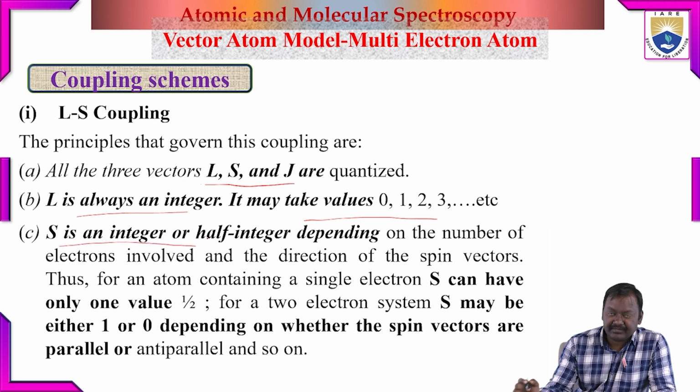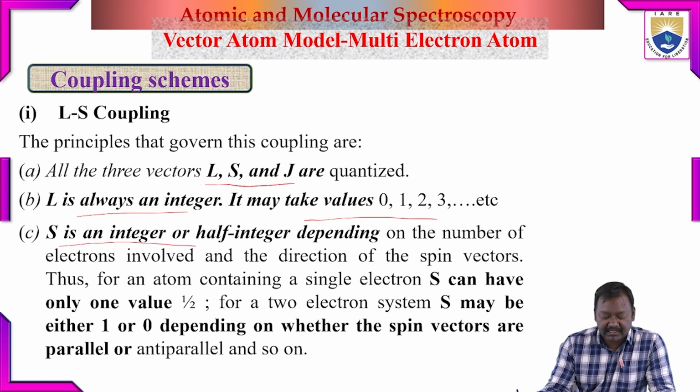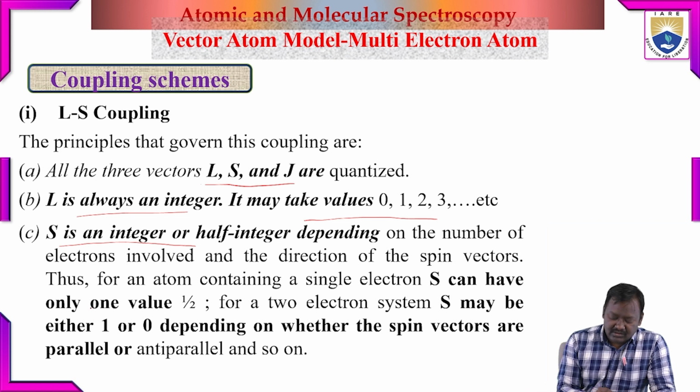The spin quantum number S is an integer or half integer, depending on the number of electrons. The total spin quantum number depends on the number of electrons. If there are an odd number of electrons, the total spin quantum number could have half odd integer values. So for an atom containing a single electron, S can have only the value 1 by 2.